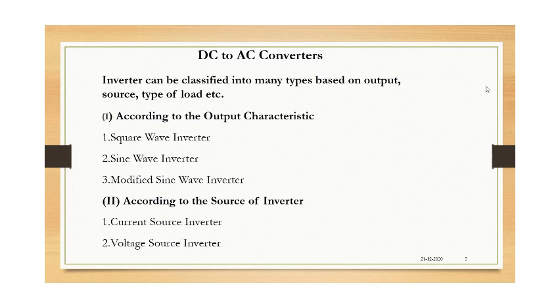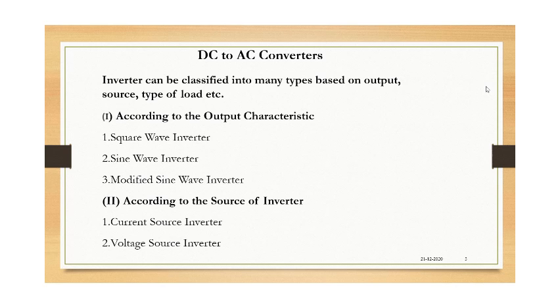Based on the output, source and type of load, the first category is according to the output characteristics. So you have inverters that can be classified as square wave inverter, sine wave inverter, or modified sine wave inverter.